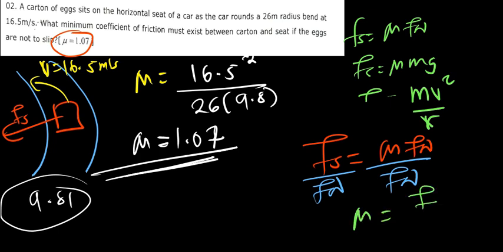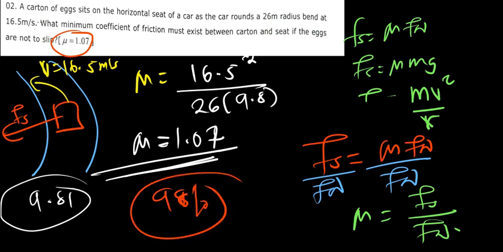So this is equal to that. In 98% of cases, you are going to discover that the friction force will always be less than the normal force, or the normal force will always be greater than the friction force.